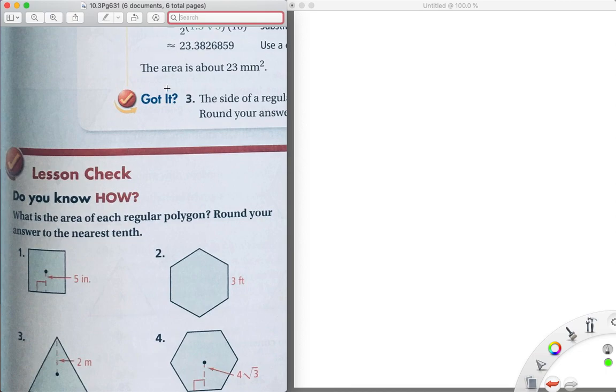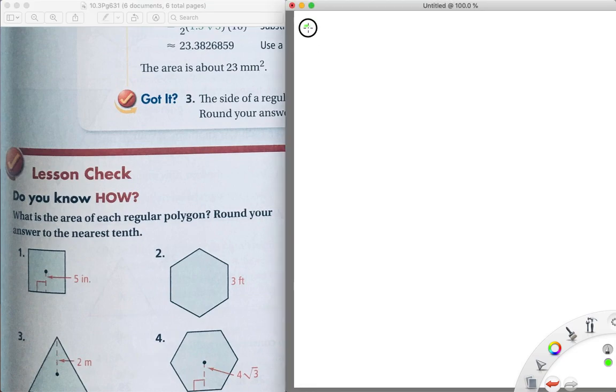So in order to find the central angle, since I know I'm dealing with a square, I'm going to divide 360 divided by 4. And that gives me 90. So 90 is my central angle.